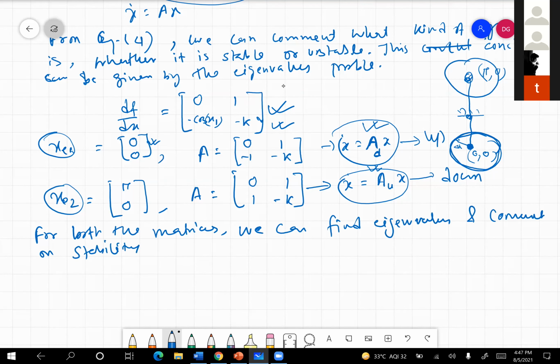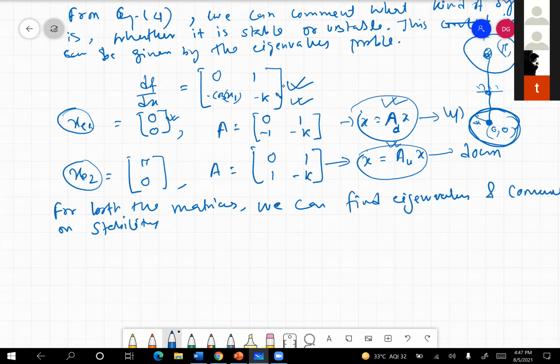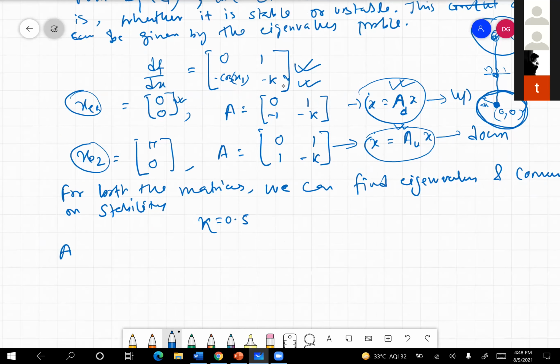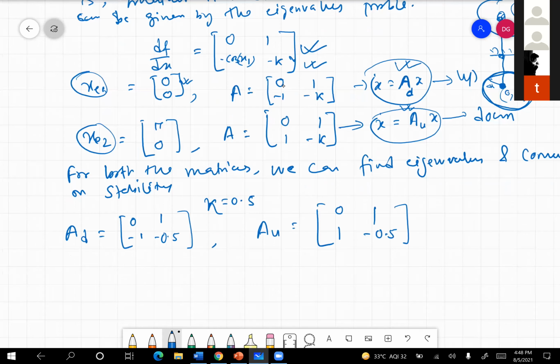Okay. So let's assume my k value is 0.5. Let's consider k is 0.5. So now AD becomes 0, 1, minus 1 and minus 0.5, and AU becomes 0, 1, 1, minus 0.5. Okay, these are two matrices.